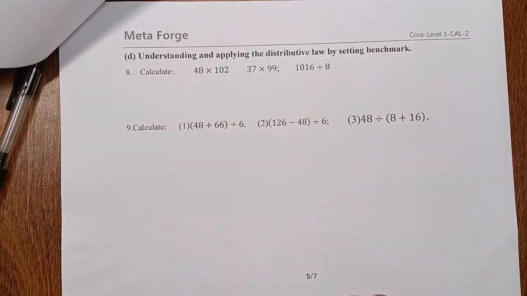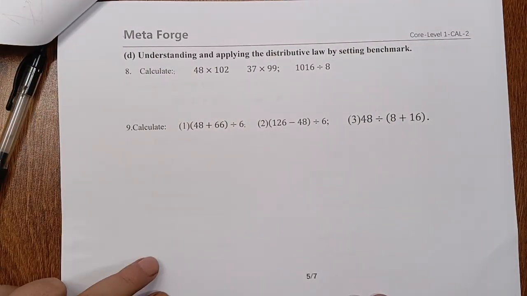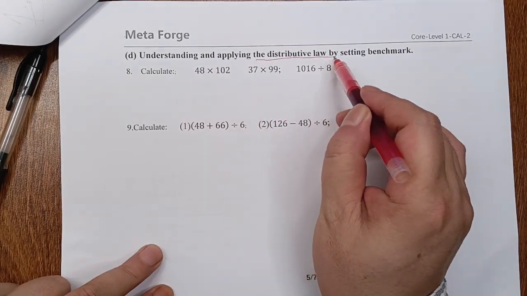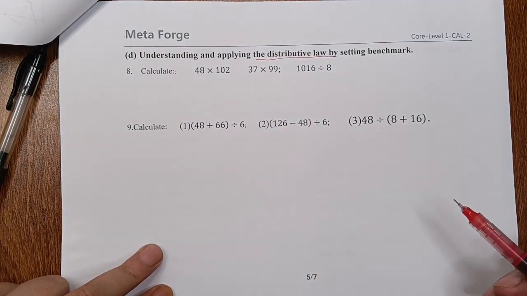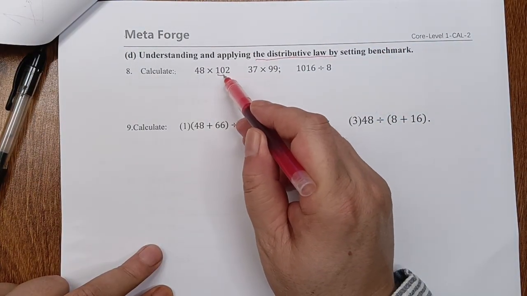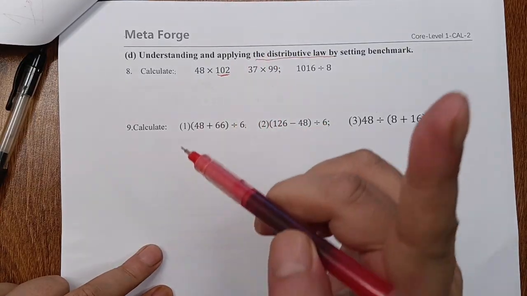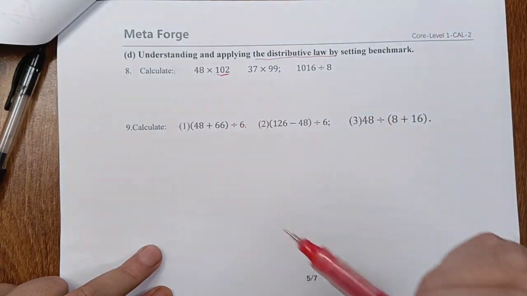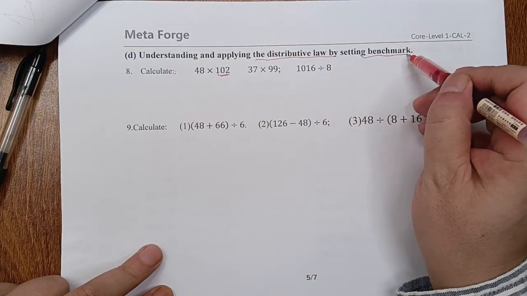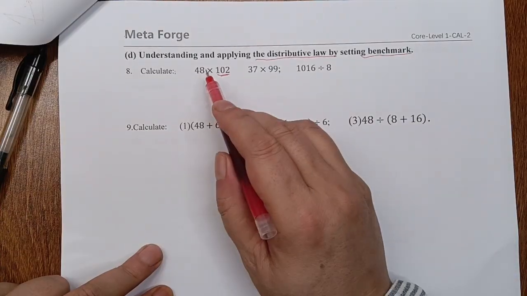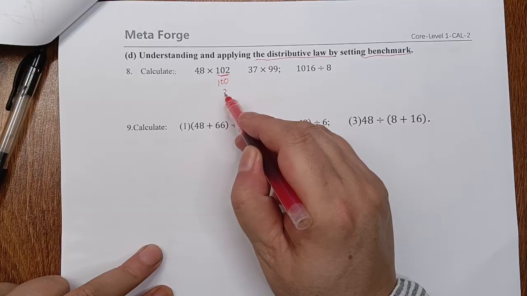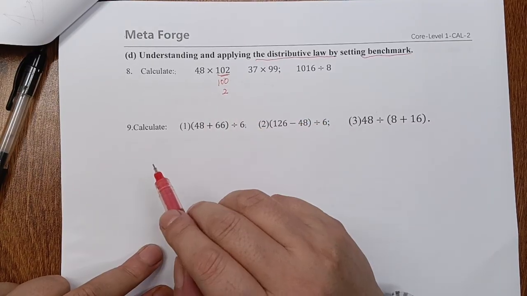Okay, let's go into the fourth issue. It's about the distributive law. When the multiplier is close to a clean number, let the clean number be your benchmark. See it as 102, 100 add 2.